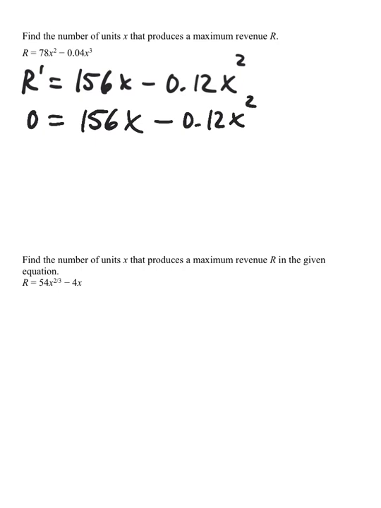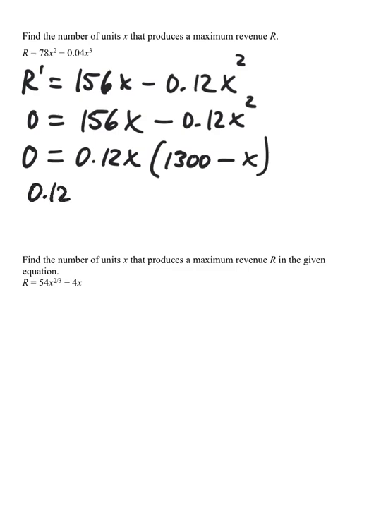Both of these terms are divisible by 0.12 and a single x, so we're going to factor that out. 156x divided by 0.12x is 1300, minus, and in the back term, we'll only have an x left over.